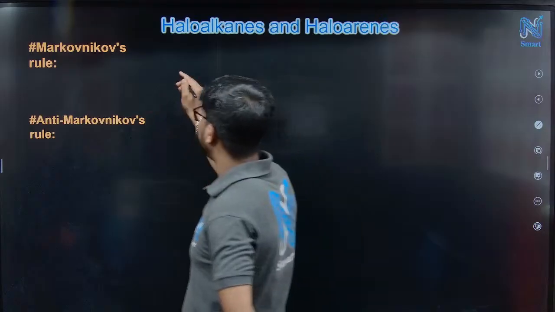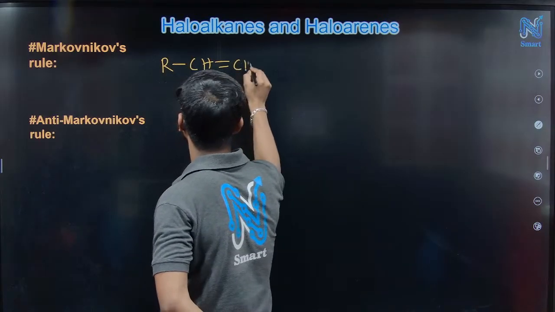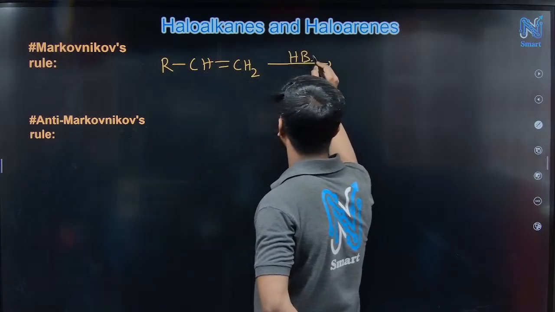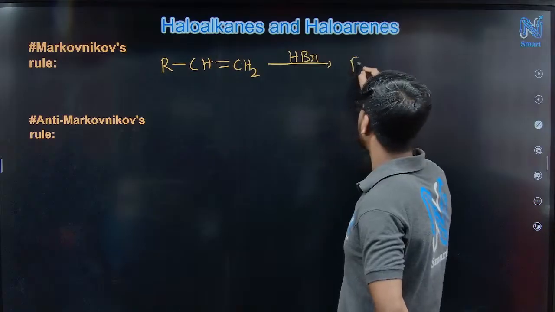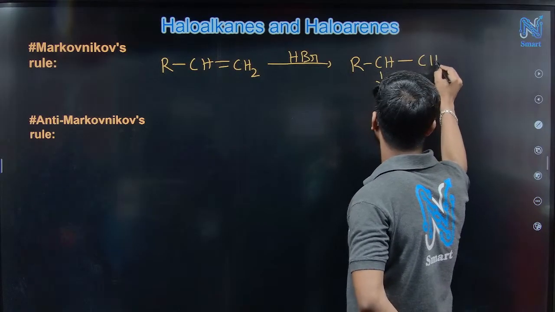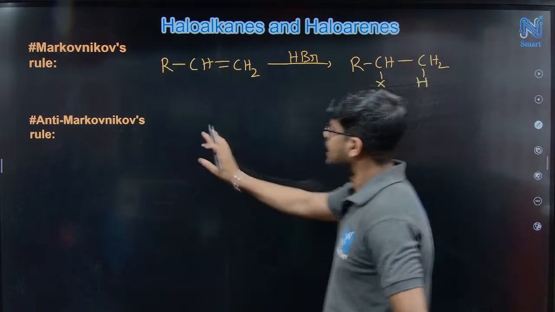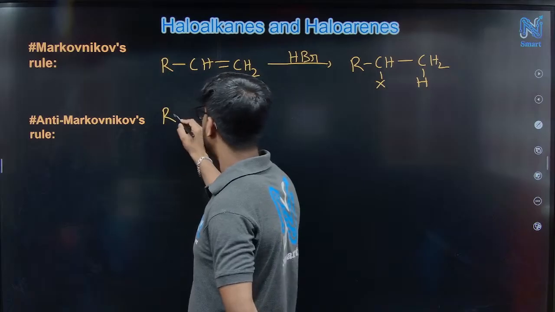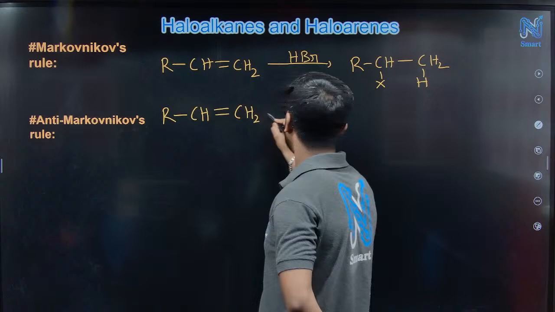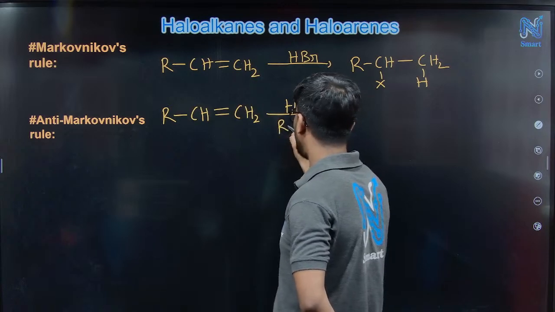First let's write, if we have R-CH double bond CH2 and it is only HBr, then we get R-CH(X)-CH3, our normal product. Now for Anti-Markovnikov, this is our reactant and we are adding HBr in presence of peroxide, meaning ROOR.